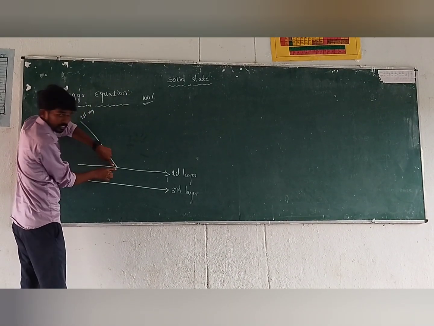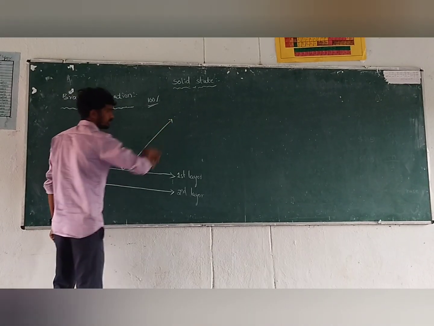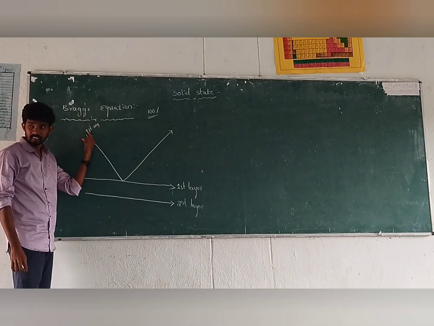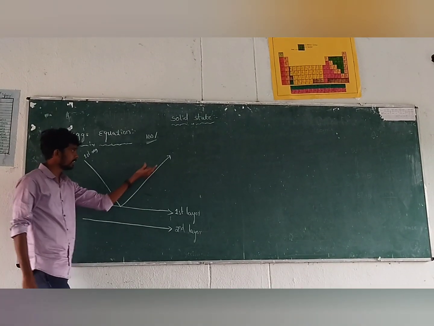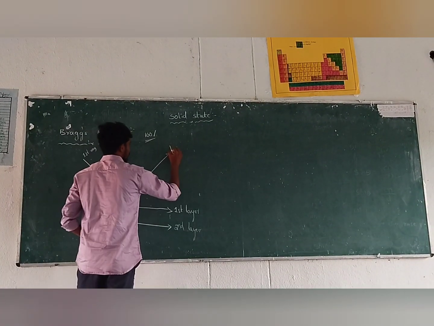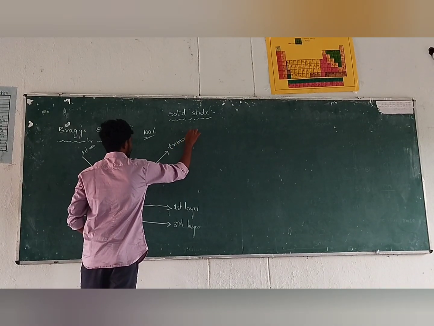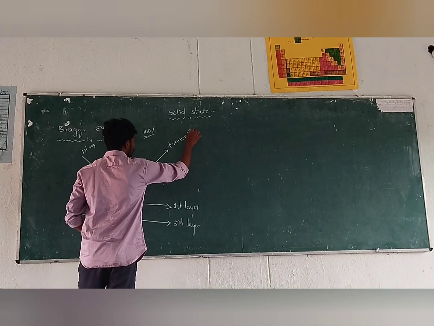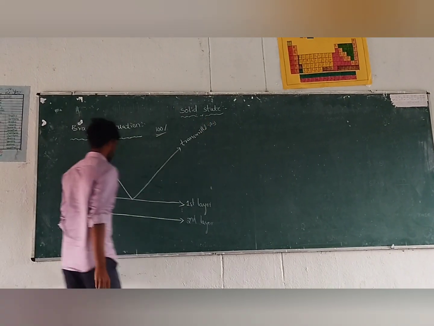The first ray is incident at the first layer, then it is transmitted. These are called transmitted rays.